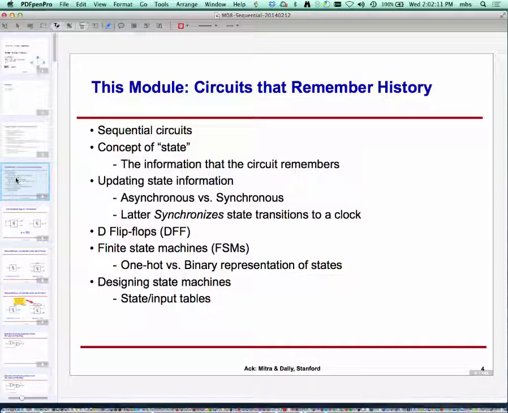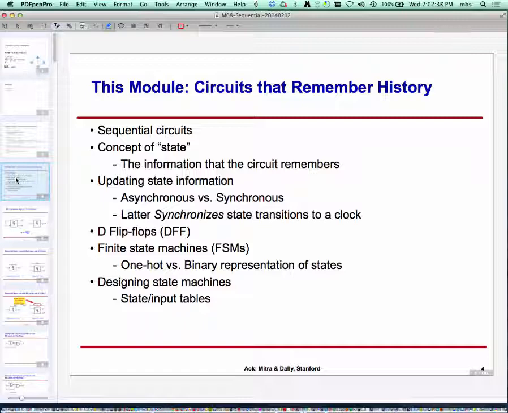Okay, so sequential circuits are circuits that remember history. Now, unfortunately, history is infinite, it can go back arbitrarily into the past, and that's not very useful, because if you want to remember everything about the history of a system, and all the inputs ever seen, then you will have a growing number of bits to be stored.